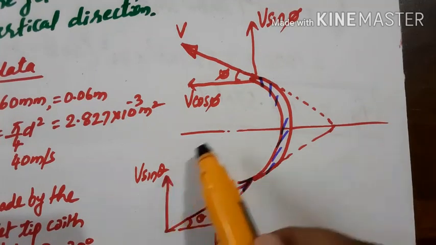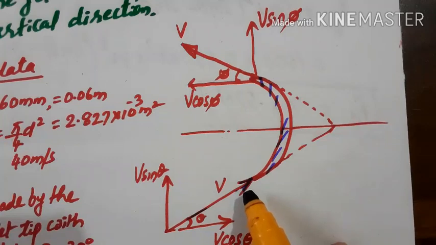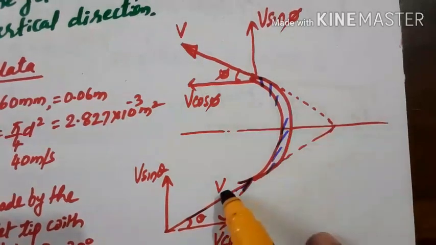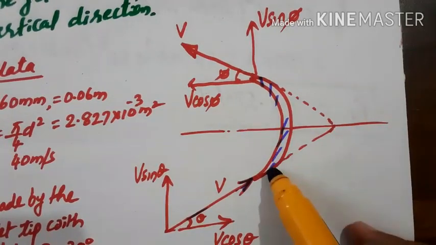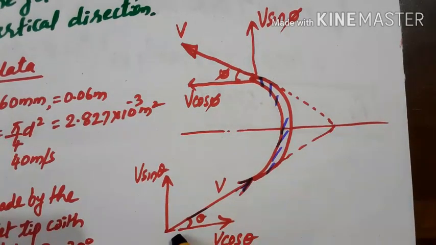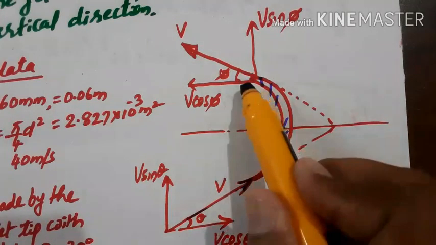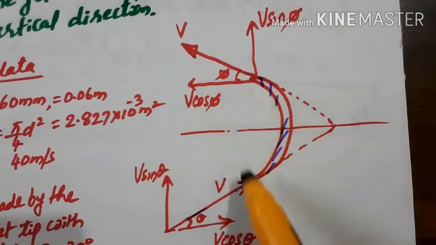So this problem is an unsymmetrical case, since this curved vane is being placed unsymmetrically, and also the inlet angle and outlet angles are different, that is entry angle and the exit angles are different. So this case is to be treated as unsymmetrical case.